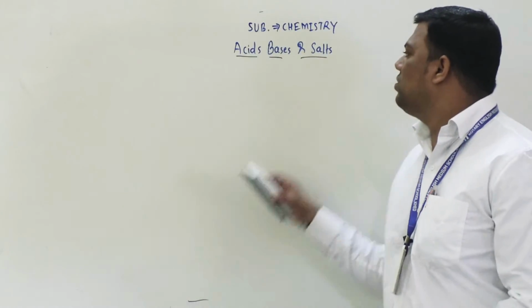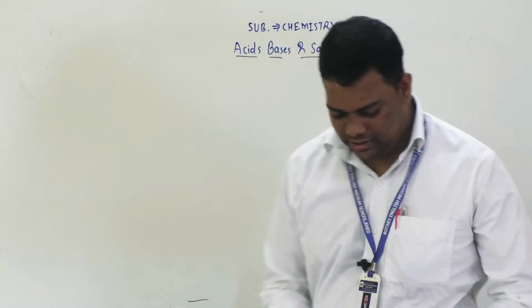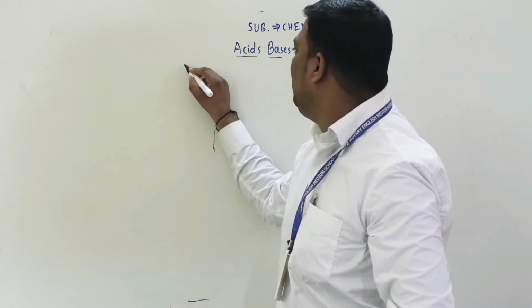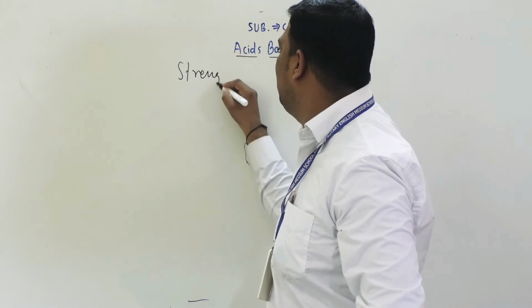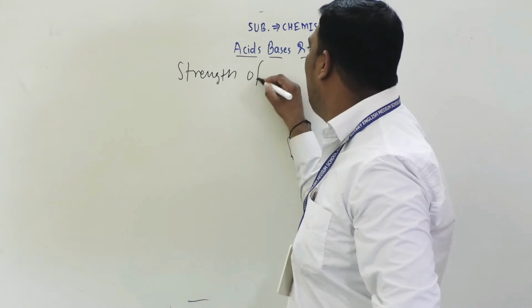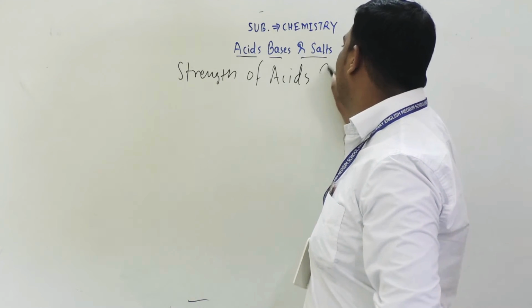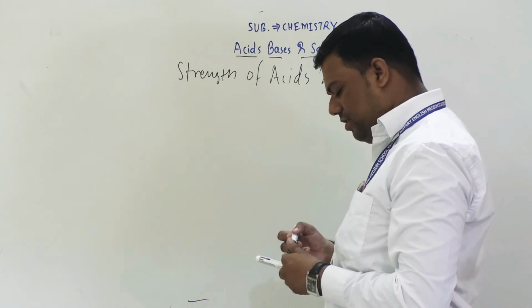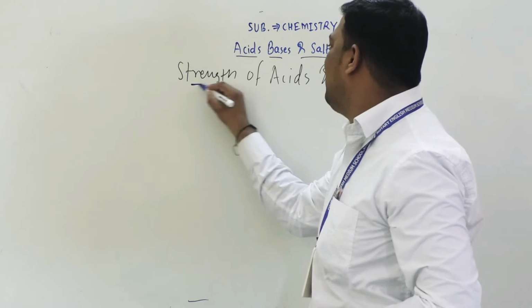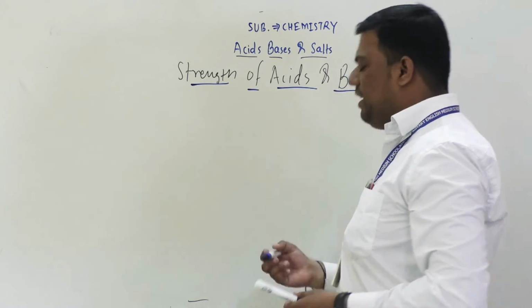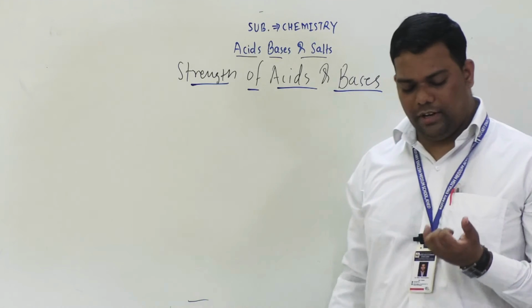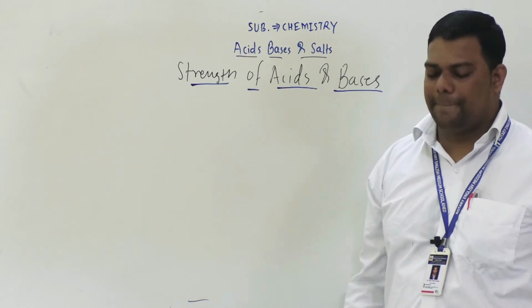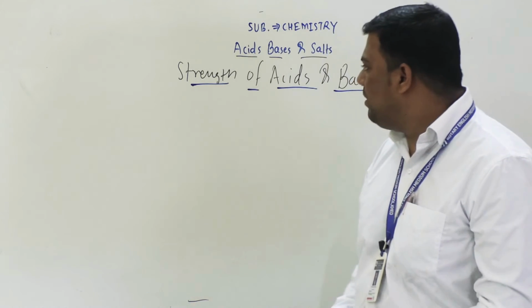How can we identify the strength of acids and bases? This part is very important. The strength of acids and bases we can measure with the help of the pH scale.